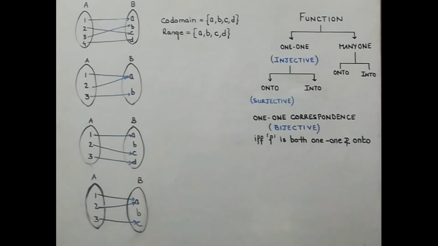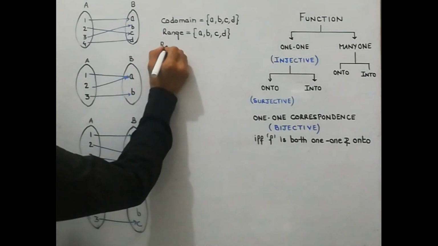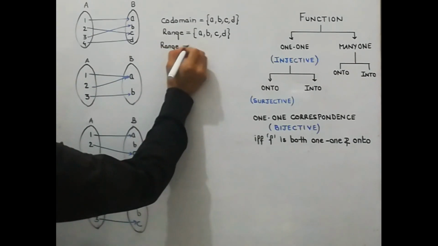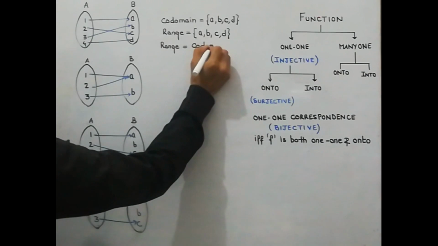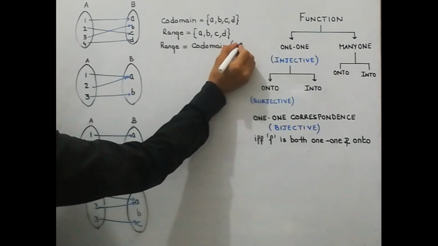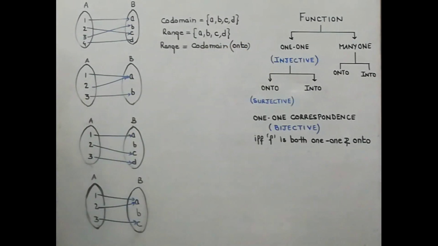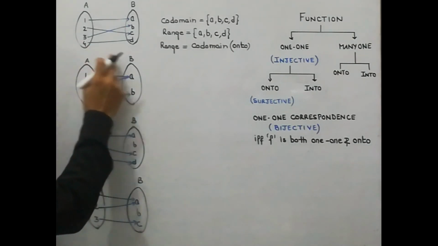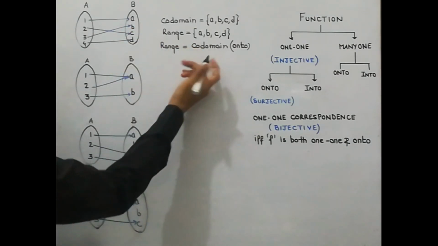So if codomain and range are equal, then we say that it is onto function. If range and codomain are same, then we say this is onto. So here initially we got that different elements in set A are having different images in set B. So this was 1 1, and as the range is equal to codomain, this is onto.